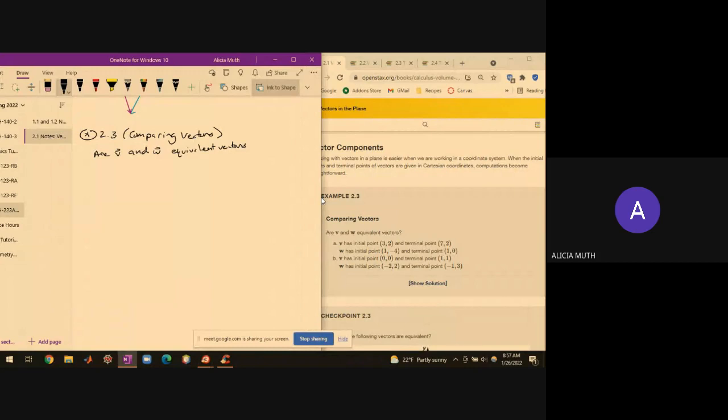All right, so for part A, V has initial point 3, 2, and terminal point 7, 2, whereas W has initial point 1, -4, and terminal point 1, 0.